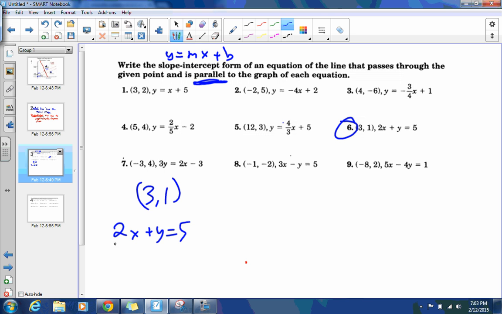To do that, we have to get rid of this 2x on the left side. So we'll subtract 2x from here, and we have to do that to the right side as well. This will cancel out.